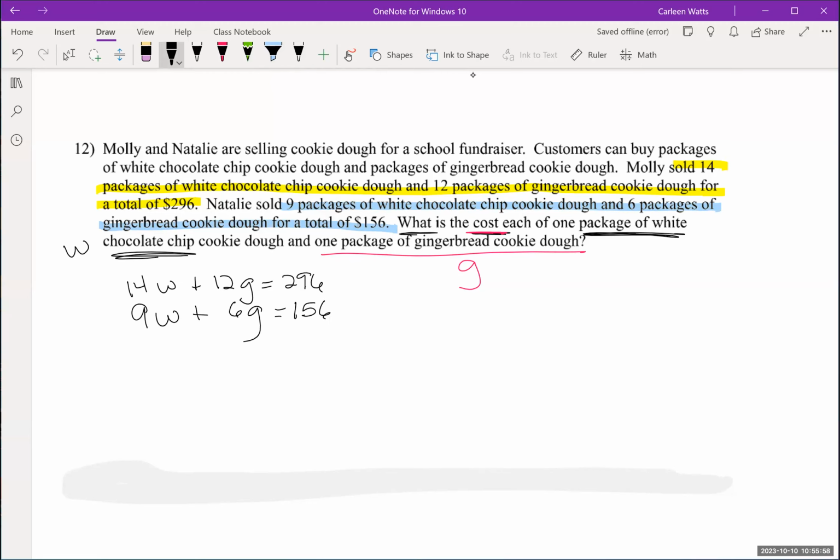equal 156. Now, these cookie problems, they tend to be really nicely set up for elimination method. Okay, do we see it? Elimination method. So pick a variable.